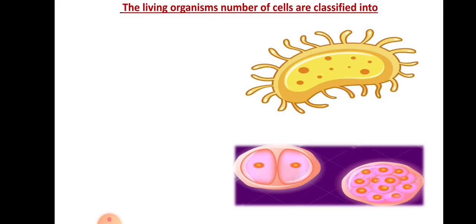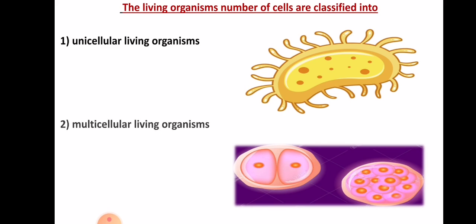And the other classification is of living organisms which have more than one cell, and this type of living organism is called a multicellular living organism. So all living organisms are classified into two groups according to the number of cells.